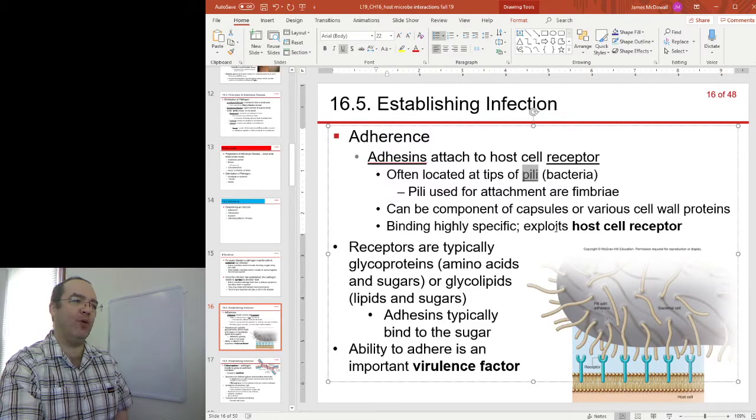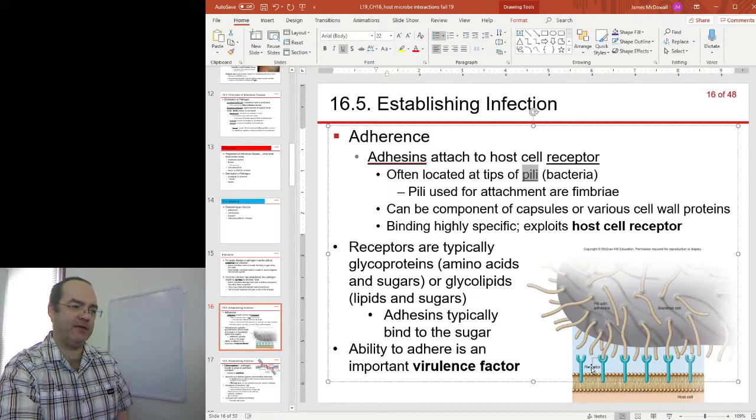But one important mechanism that bacteria have, and the adhesins are then at the tips, are these little protrusions called pili. So you can see quite clearly here, here is the host cell membrane with its lipid bilayer.